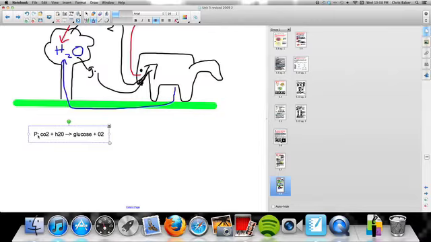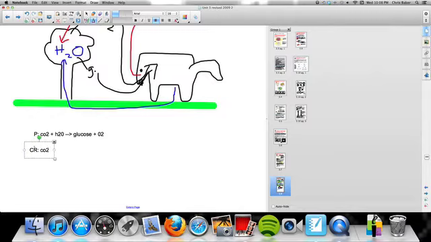Now watch what I do with cell respiration. Cell respiration. CO2. Actually, you know what I'm going to do? I'm going to do it. All right. Cell respiration. Watch this. This is going to blow your mind.